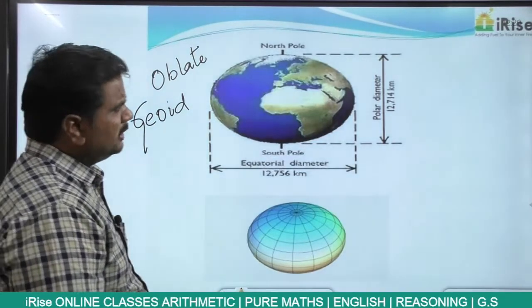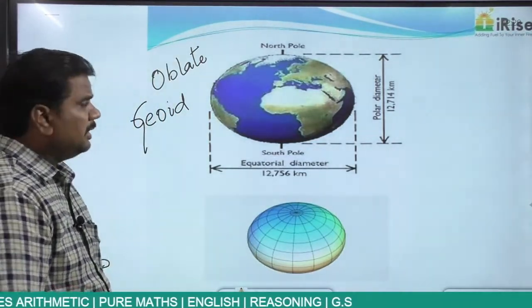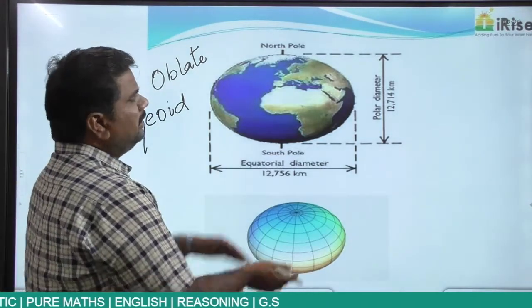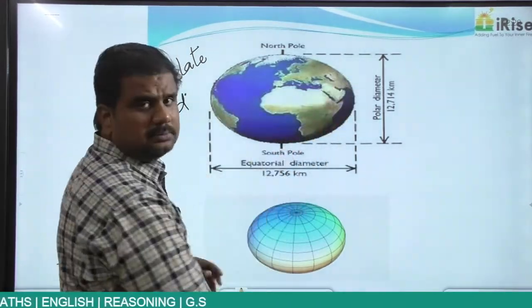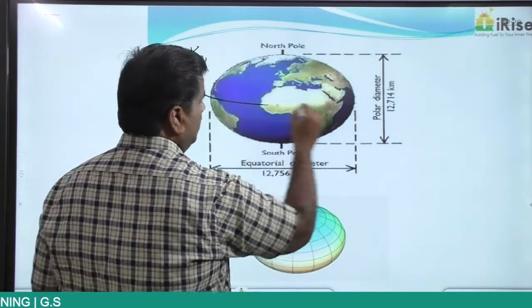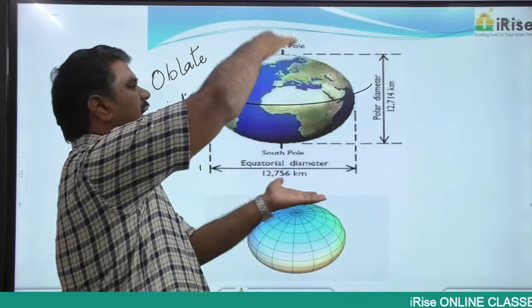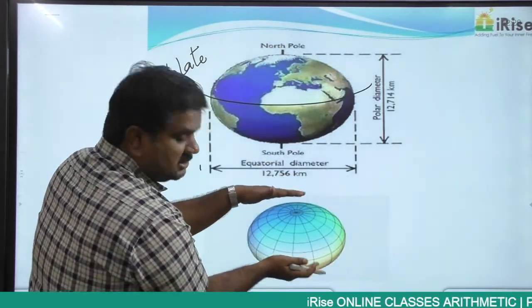What do you mean by oblate as well as geoid shape? The shape is something like this. It is bulging at the equator, it is bulging at the sides. Along the equator the length is more, but near the poles it's flat, compressed a bit like this.